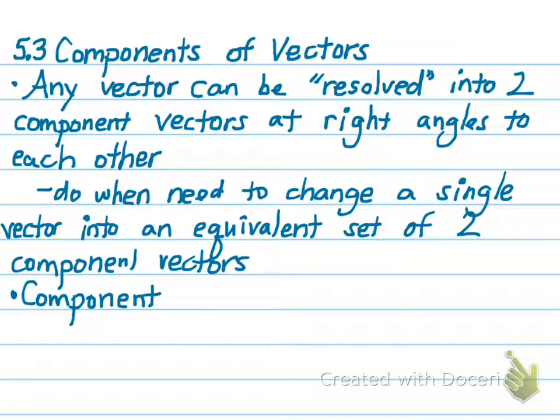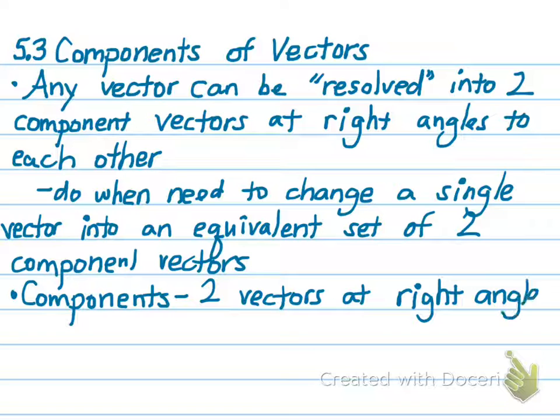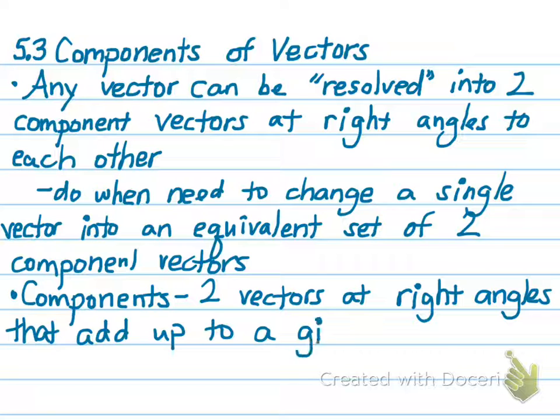So components, these are the two vectors that are at right angles. Remember, a right angle is a 90-degree angle, that add up to a given vector. We'll do this on the next page.